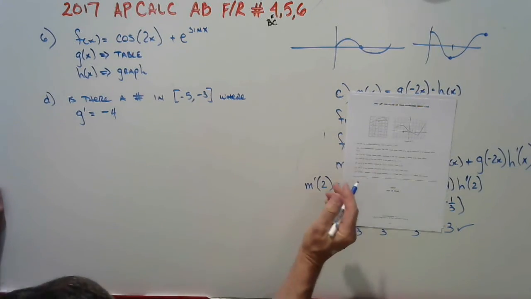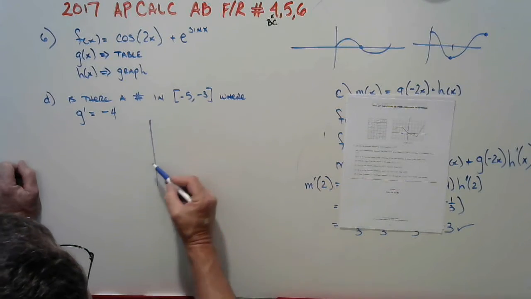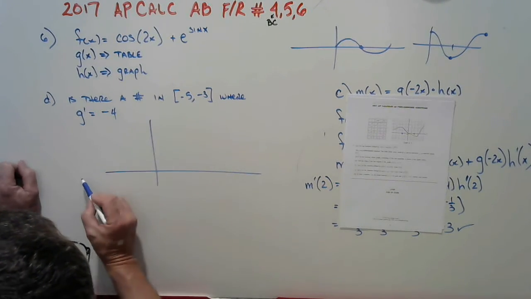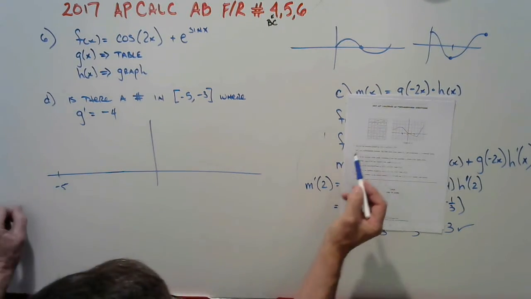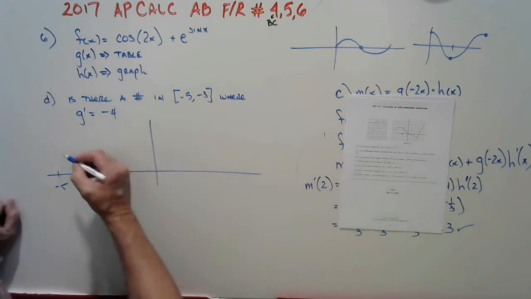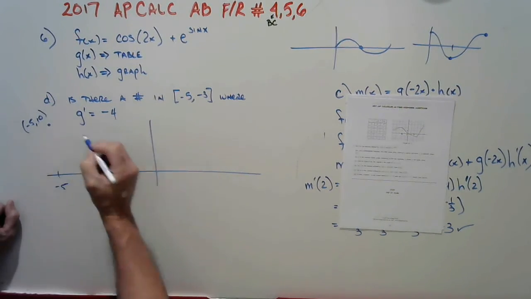Well, what do we know about g? If we take a look at g, at negative 5, we know g is 10. So this is negative 5, 10.